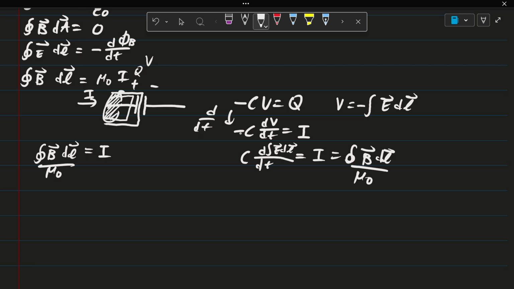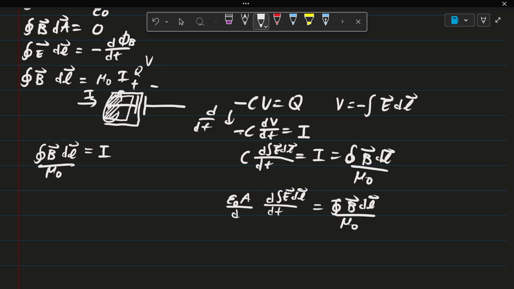So maybe we can do something. For a parallel plate capacitor, we know the capacitance to be epsilon 0 A over d. And this is d over dt of the integral of E vector dot dl vector, which equals the closed integral of B vector dot dl vector over mu 0.